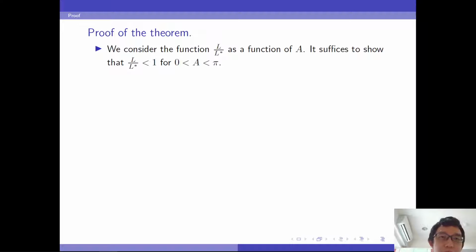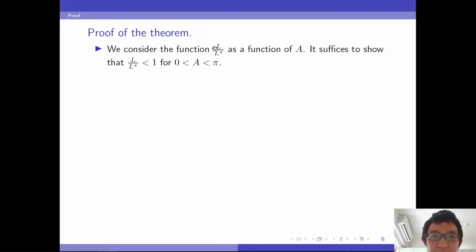Now we are ready to prove the theorem. We want to show that the ratio of the length of the perfect arcs in omega and in the unit disk is a function with value less than 1.